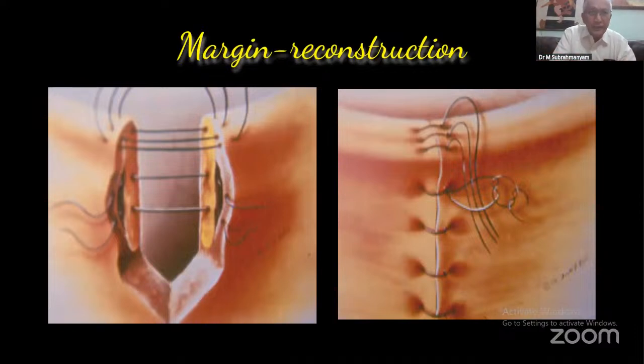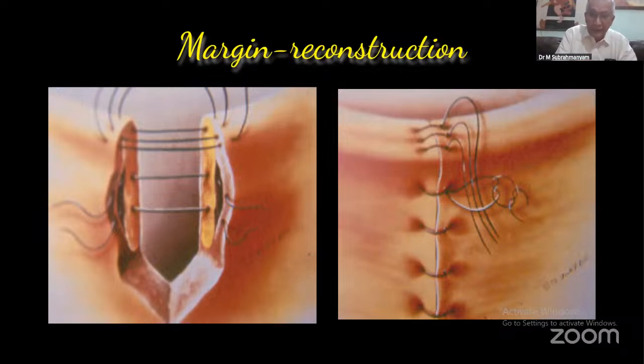How to reconstruct the margin? This is very important, especially as you will be seeing trauma involving the lid margin day in and day out. The first suture passes through the gray line. But in some Indians who are a bit darkish in color, it may not be possible to identify the gray line.